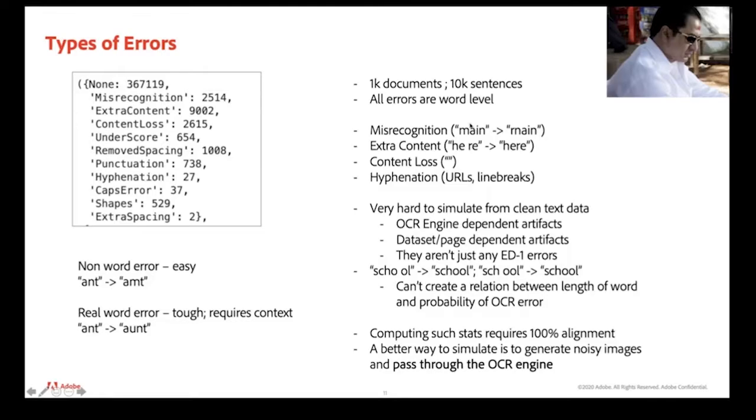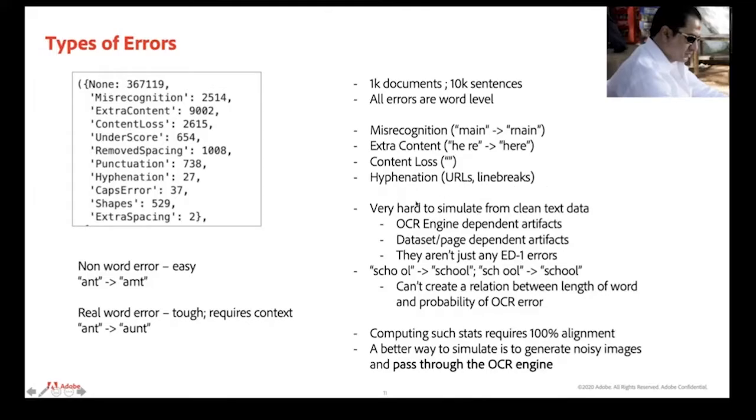Or there could be extra content, where you have a word break, a space at random, which leads to some extra content. Or there could be content loss, where the word in the ground truth is simply not present in the OCR. Then hyphenation, typically in URLs or where there are line breaks, as in when you have to skip to the next line, you will have these line break errors.